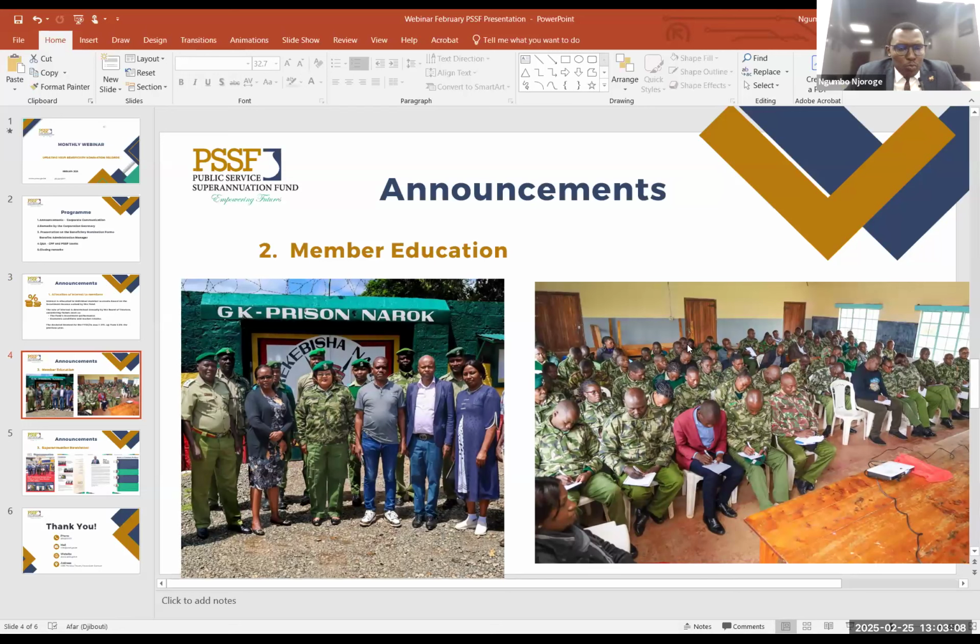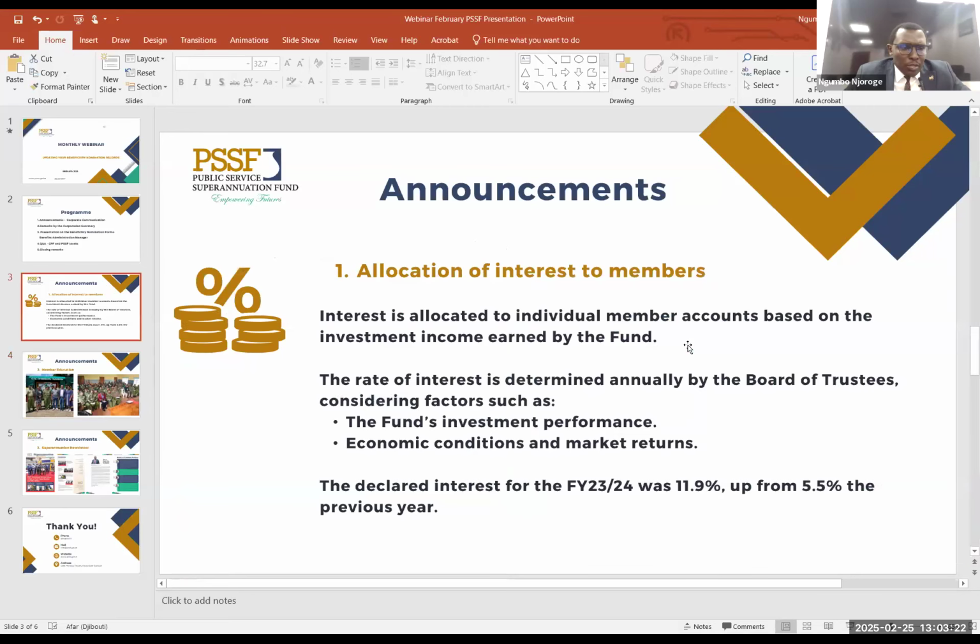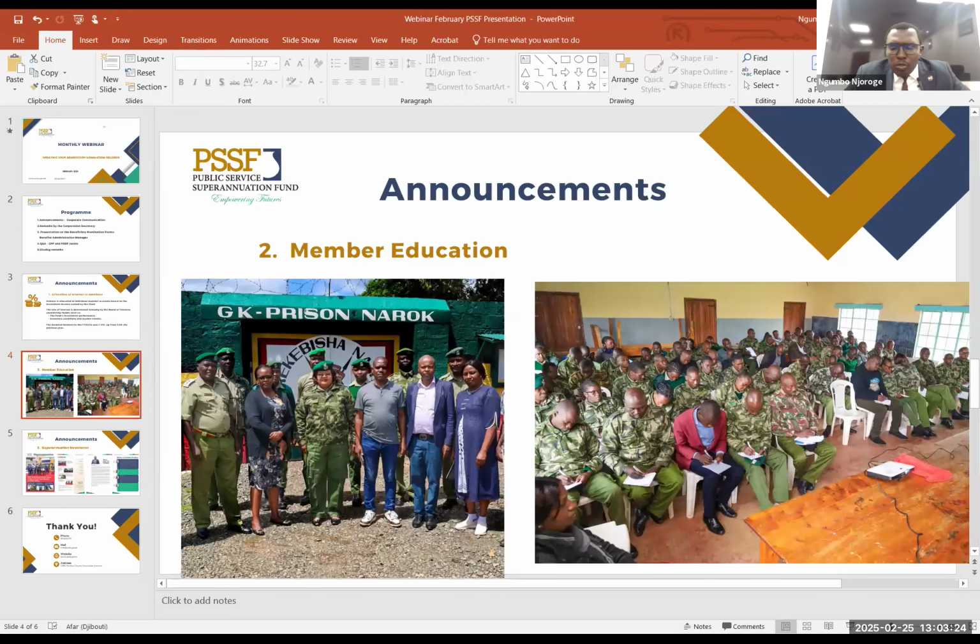So we shall be reaching out to you, members, especially through your employer and your HR department, so that we can partner in conducting physical member education. As I said, this is ongoing member education, and we'll be reaching out to you as per the schedule that has been designed by the Benefits Administration Department.